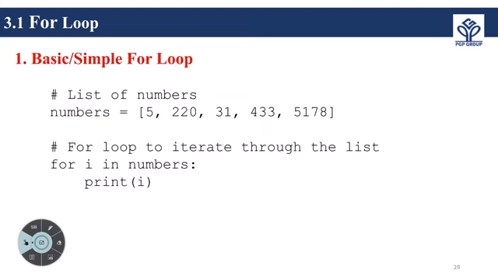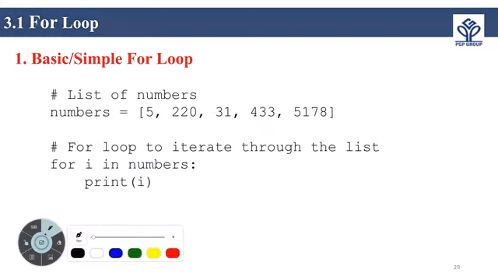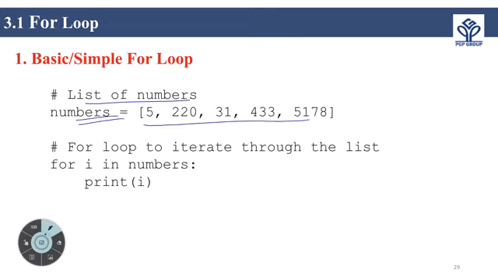Next one, a basic simple for loop example. A list of numbers, okay. We assign numbers to store the elements in a list: 5, 220, 31, 432, 5178. After assigning, we use a for loop to iterate through the list. So check: for i in numbers.